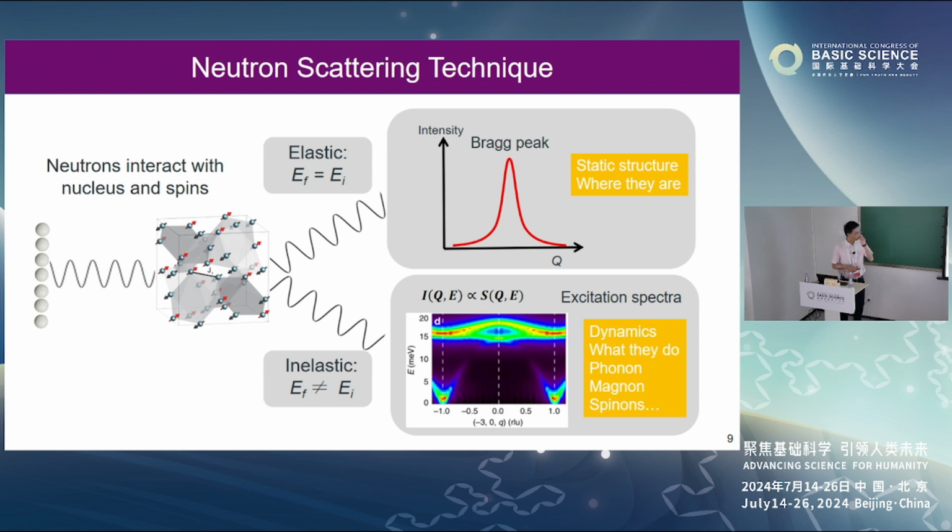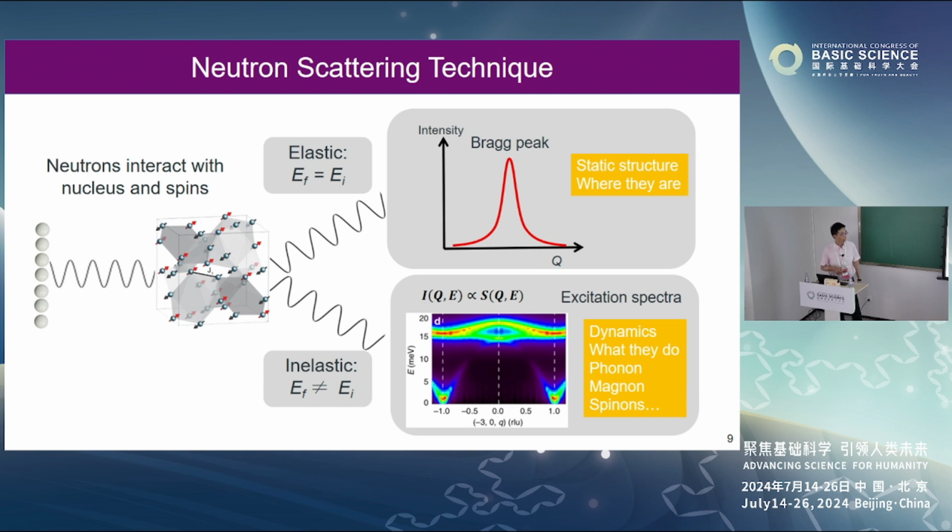And the most important process for us is the inelastic neutron scattering process. By doing inelastic neutron scattering measurements, you can probe the excitation spectrum. For magnetic scattering, the cross-section can be directly calculated. So by measuring the excitation spectra, you can know what the spin and lattice do.